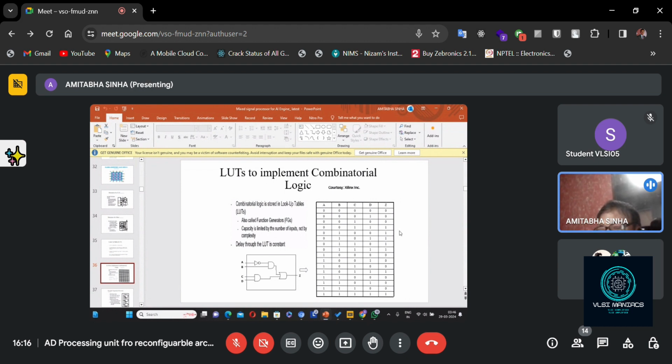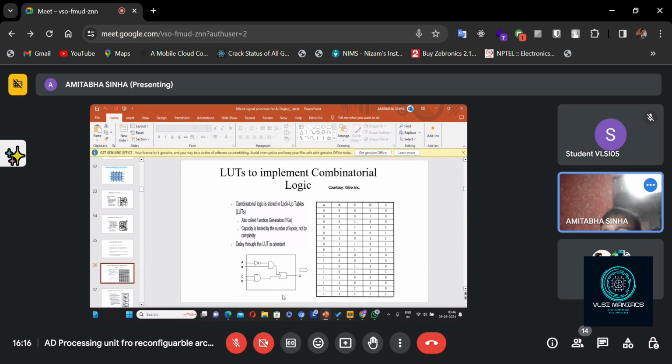Now let's say this memory is SRAM, or let's say this memory is E square PROM. So you can store it. So any digital circuit consists of a number of logic circuits. How they are connected: output of one gate is connected to the input of another gate.